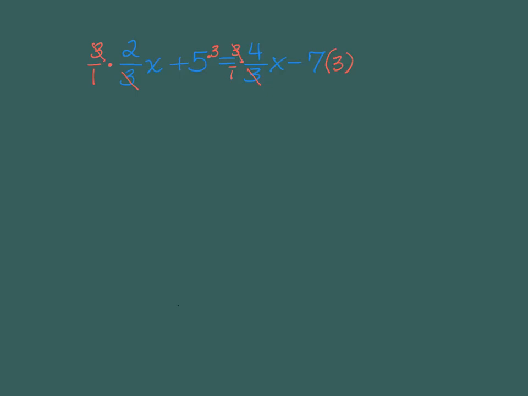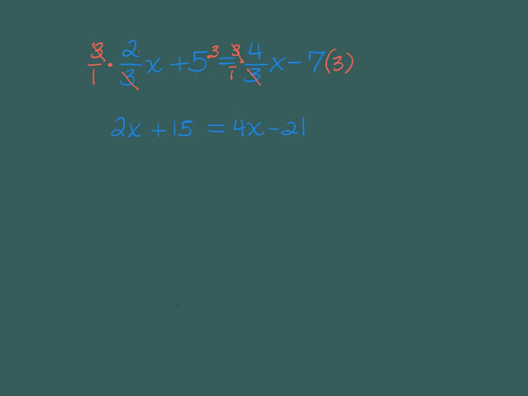So now you're left with 2 times x, which is 2x, plus 5 times 3, which is 15, equals, since my two 3's crossed out, I'm left with 4 times x, which is 4x, and -7 times 3 is a -21. Now, you've got your numbers simplified so they're whole numbers. Now it's going to make it a lot easier for you to solve this.